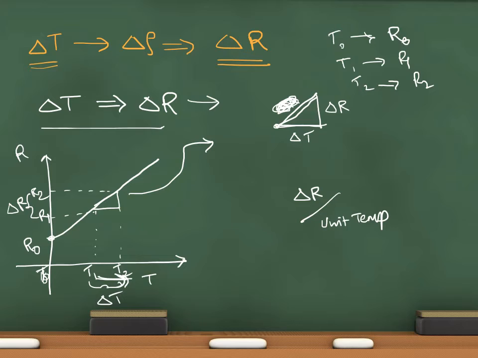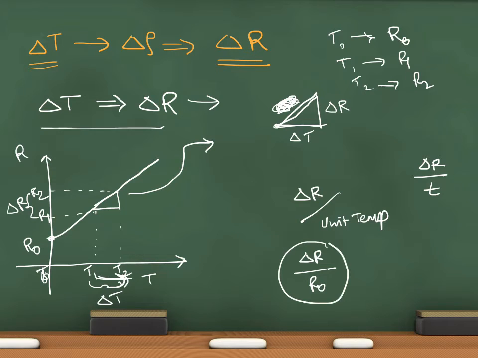How much resistance is changing with respect to temperature, and how much change per original resistance R0?